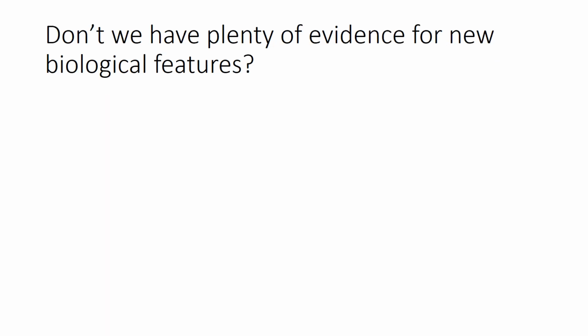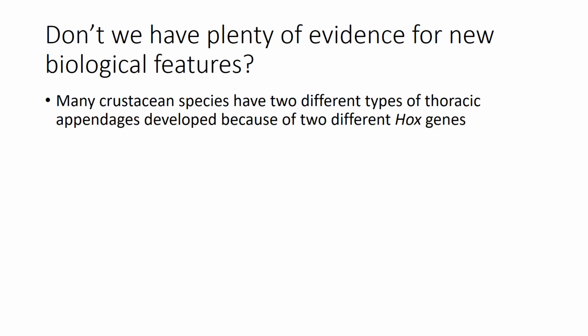So next thing, don't we have plenty of evidence for new biological features? And this is exactly what we mean by macroevolution. We mean the evolution of major new biological features that require new and very sophisticated genetic machinery.